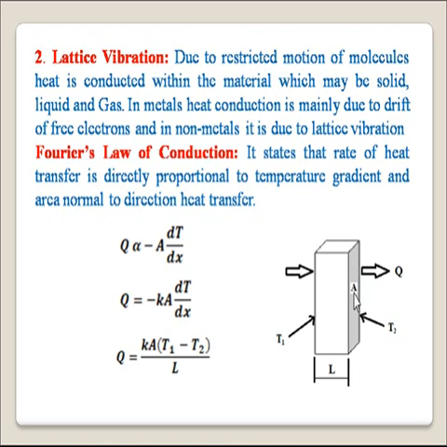Then A is the area normal to the heat flow direction. So heat transfer Q by conduction through the plane wall is given by the equation Q equals kA (T1 minus T2) by L. So for a plane wall, (T1 minus T2) by L is the temperature gradient.